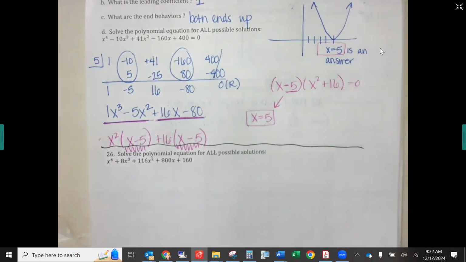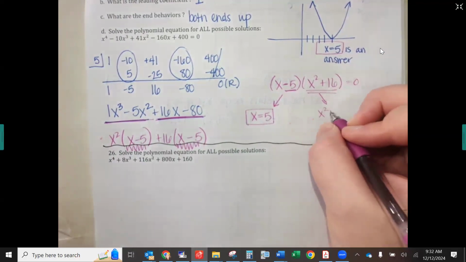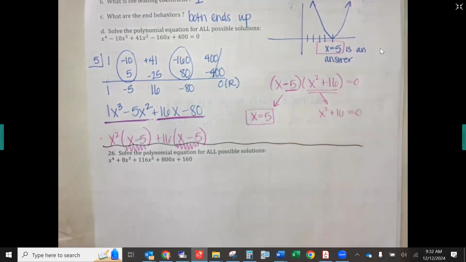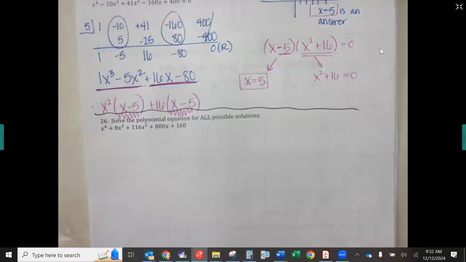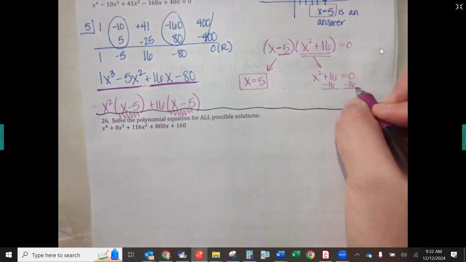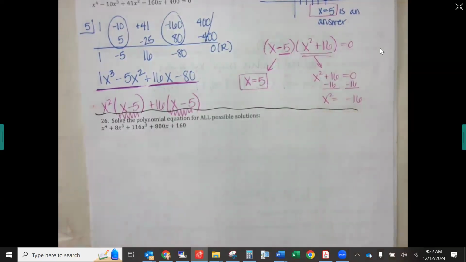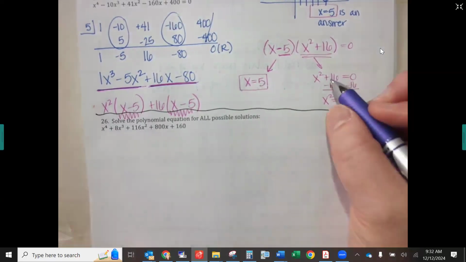Okay, the remaining term right here, set it equal to 0 for me. So if I let x squared plus 16 equal 0, what would I do with the plus 16 to solve? Minus the 16 across. That gives me x squared equals negative 16. And then from there, how do we get rid of the squared? Take the square root.